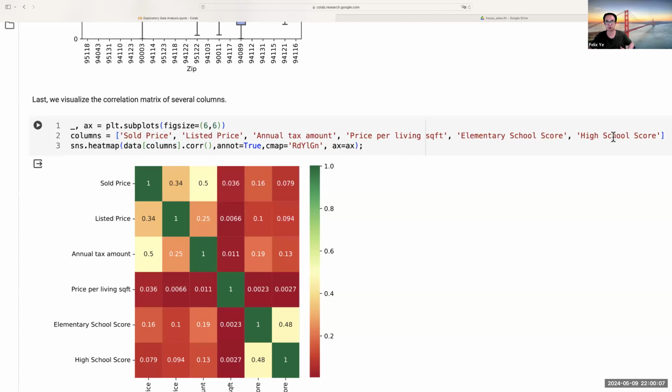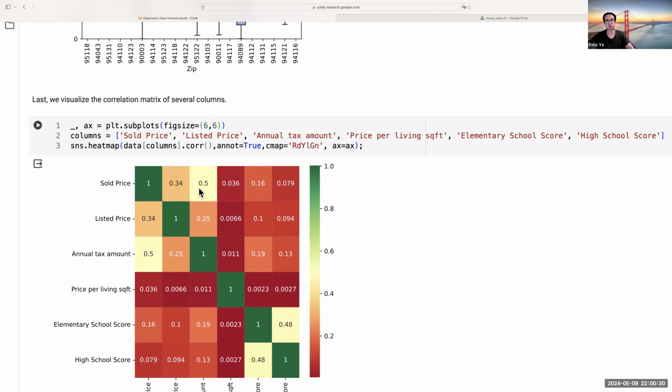So they are all numerical values. You can do some correlations for those numerical values. You cannot do correlations on the categorical data set. The one you can see that has a very strong correlation with the sold price, which is my target, is actually the annual tax amount, right?